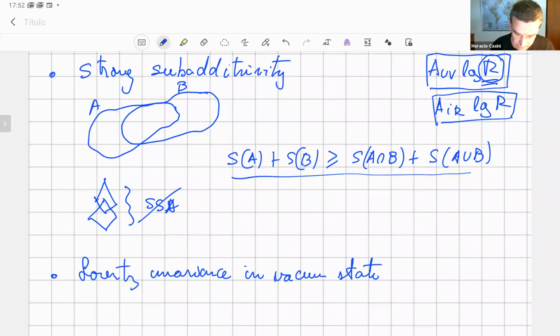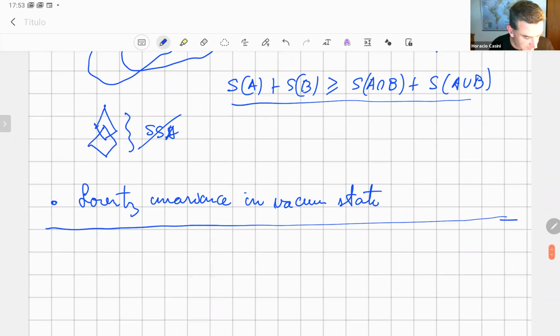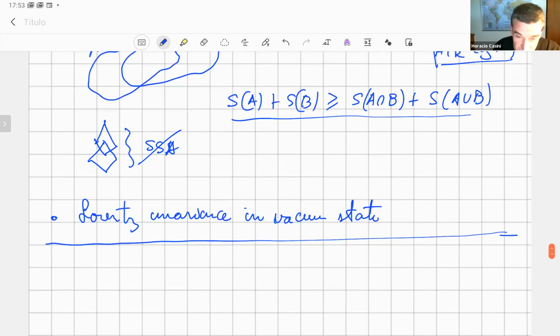So you have to use geometry and everything will hold. But before starting to show the Reversibility Theorem, let me first try to understand what are the type of regions that we need to use? Because strong subadditivity can be used for any type of regions.